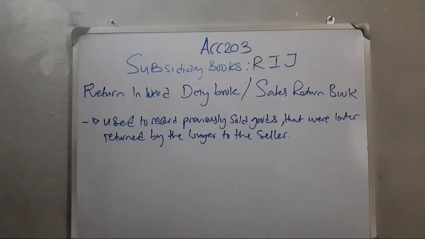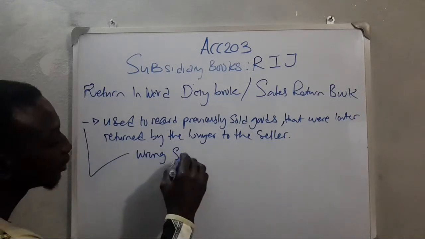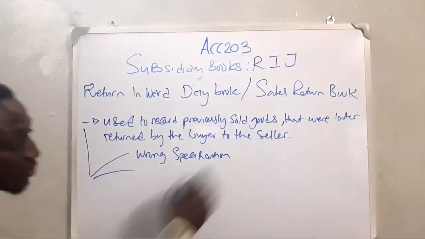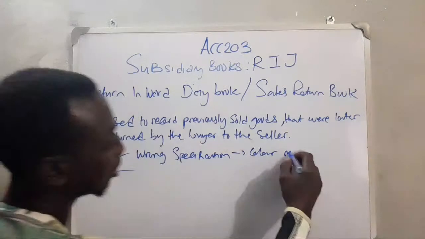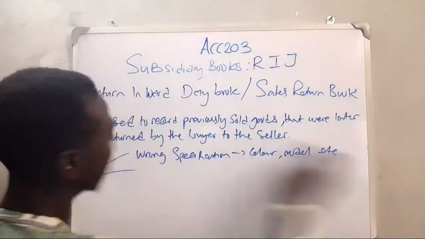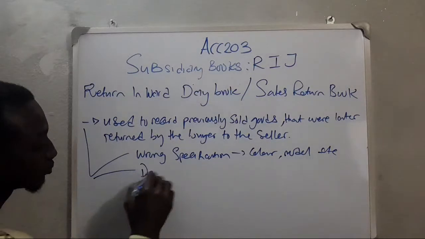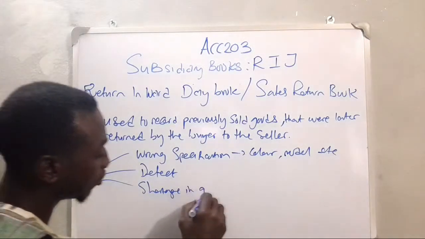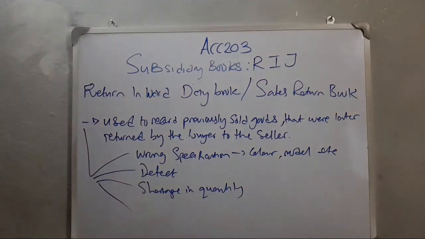So let me list some of these things out. It could be as a result of wrong specification, color, model, etc. We could also have defect, shortage in quantity, what you ordered as against what you got.